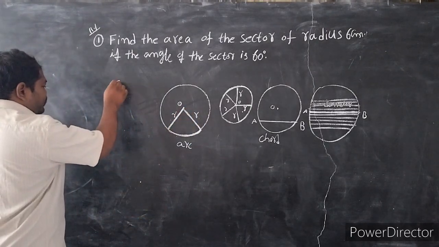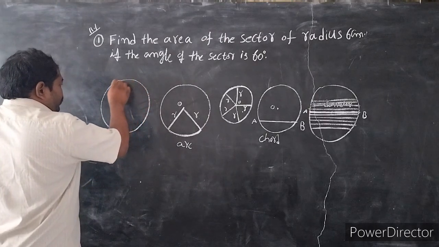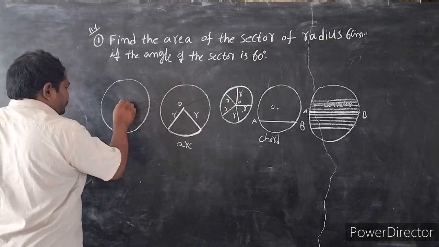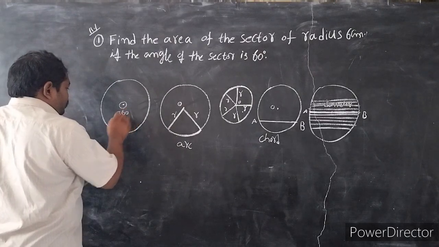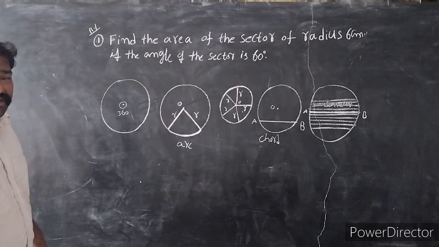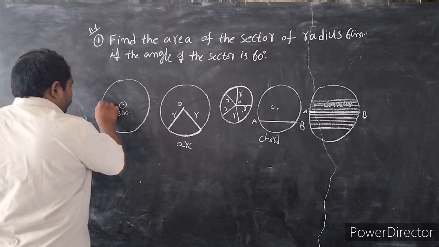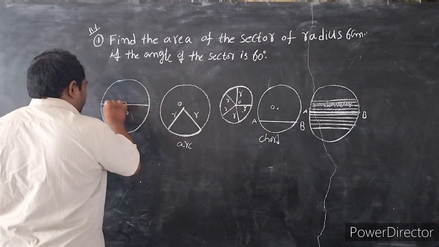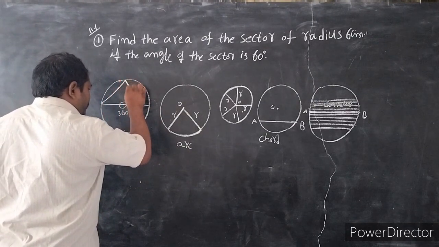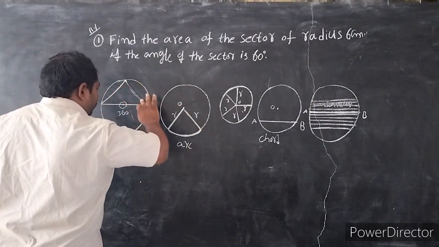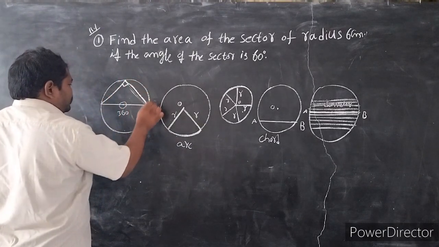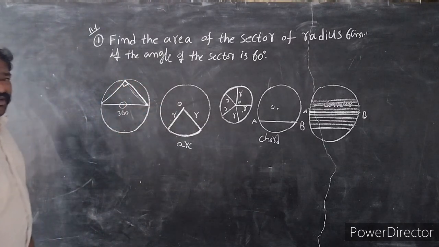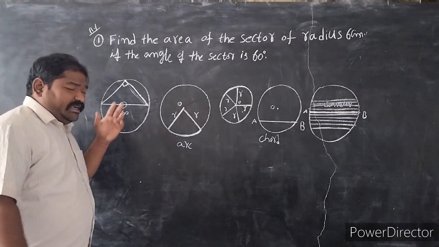In any circle, at the center we have 360 degrees, and the angle in a semicircle is 90 degrees. In any semicircle, you have to take an angle; it is 90 degrees.